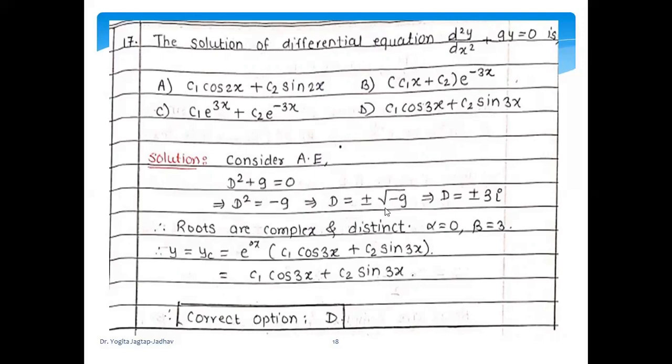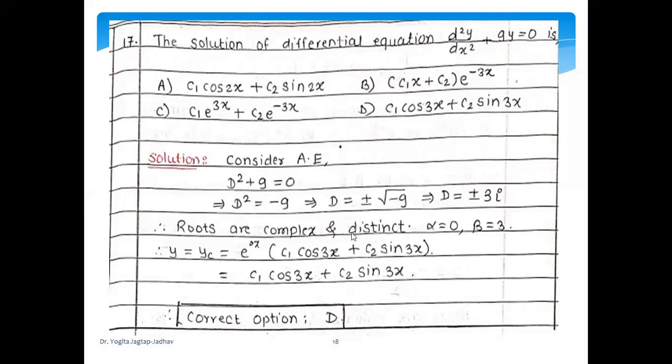Taking the square root on both sides, we have d equal to plus minus square root of minus 9. Here again, we can observe square root of 9 is 3 and square root of minus 1 is i. Therefore, here we obtain the roots d equal to plus or minus 3i.